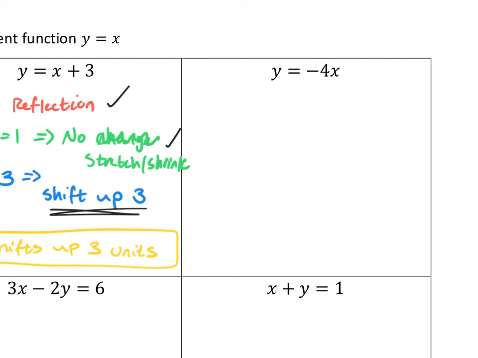All right, now, this is the one, y is equal to negative 4x. The things that I notice here: one, there is a negative. So that does mean there is a reflection. That's one thing that's going to happen. Now, somebody was arguing with me: oh, it's negative 4, it's a stretch of negative 4.